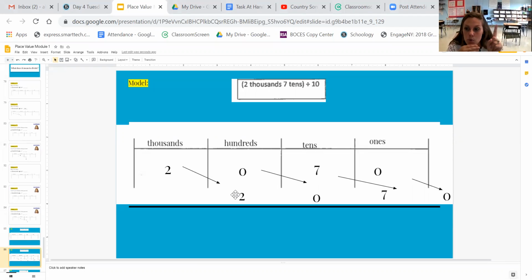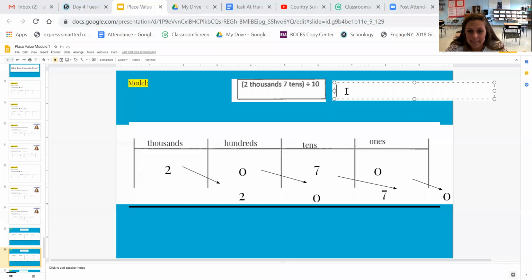Every digit within that place value is going to move one. So my correct answer would be 207, okay? Because it's moving one place value. So I had 2,070 and it got smaller by 10, so it turned to 207, okay?